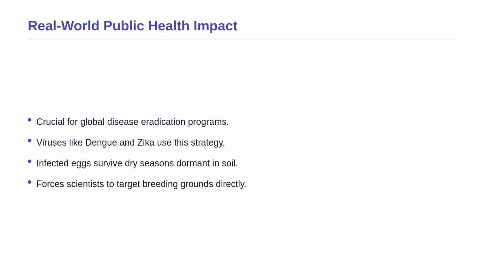Understanding this vertical transmission mechanism is absolutely critical for global disease eradication programs. If a health organization only focuses on curing humans, they will ultimately fail to stop a disease that utilizes an insect reservoir. For example, dangerous viruses like dengue and Zika can be maintained in mosquito populations during dry seasons or harsh winters.